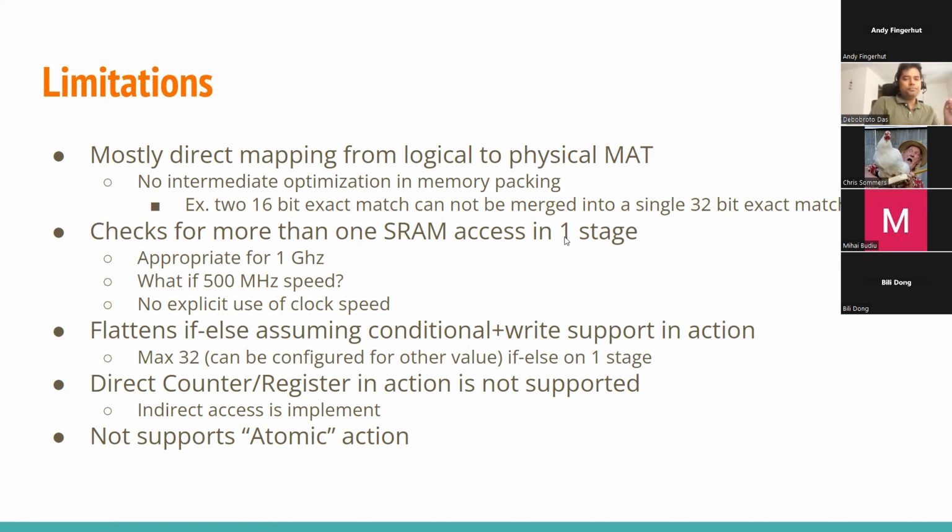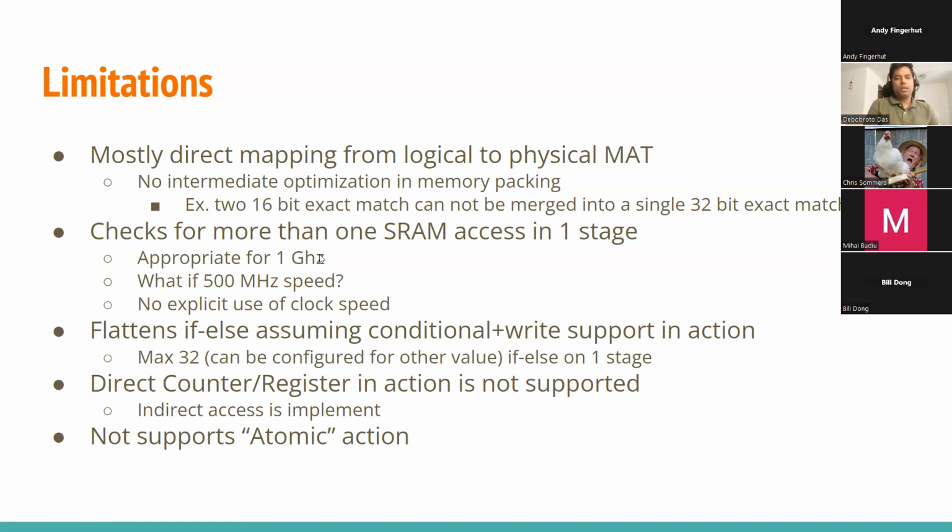Second thing is, the earlier question, the partial answer is here. Say, for example, if you are running at a 1 gigahertz clock speed, of course you cannot access a SRAM twice. You can do read and write, but you cannot do twice read or twice write. I have checked that, and my compiler backend checks if your program has such a path in the control flow that it has to access the same SRAM twice in the same clock cycle, it will reject the program.